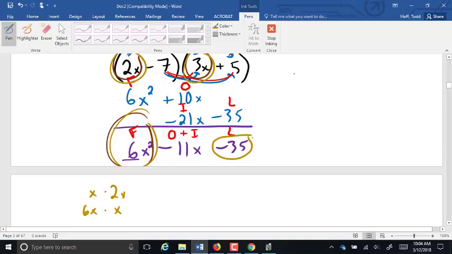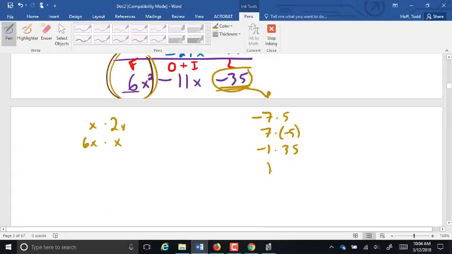If I know the negative 35 came from a combination of the last digits, the negative 7 and the positive 5 in this case. Well, negative 35 has only so many possibilities. It could be negative 7 times 5. It could be 7 times negative 5, or negative 1 times 35, or 1 times negative 35.